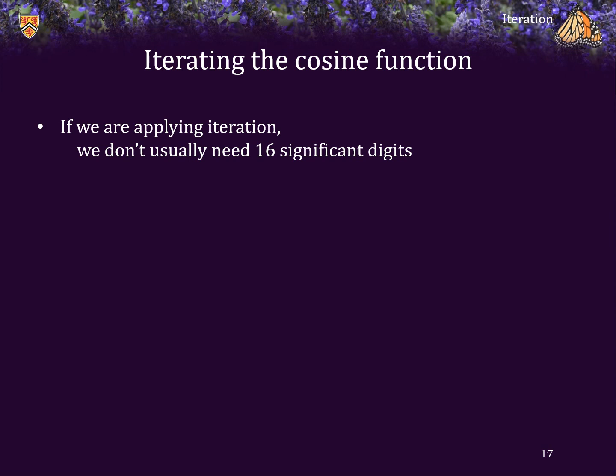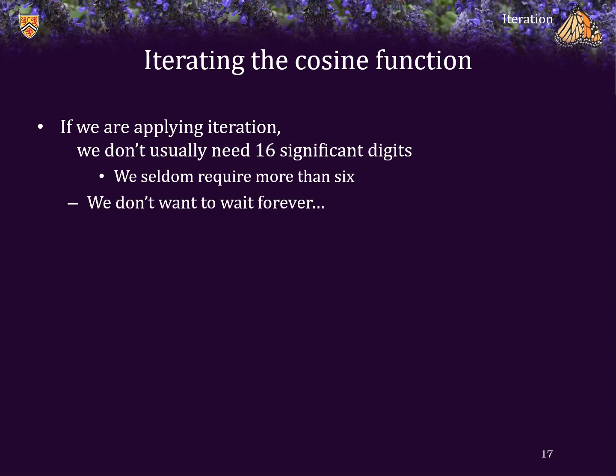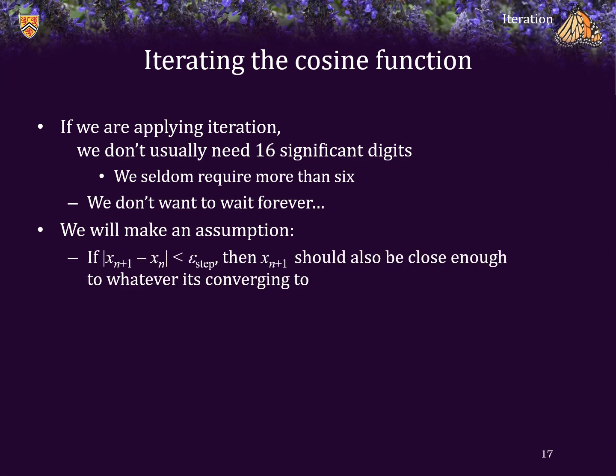But with iteration, we really don't normally need 16 significant digits. In fact, as engineers, we seldom require more than 6 significant digits. And so therefore we don't want to wait forever, and we don't want to unnecessarily waste computing power. Therefore, we're going to make an assumption.